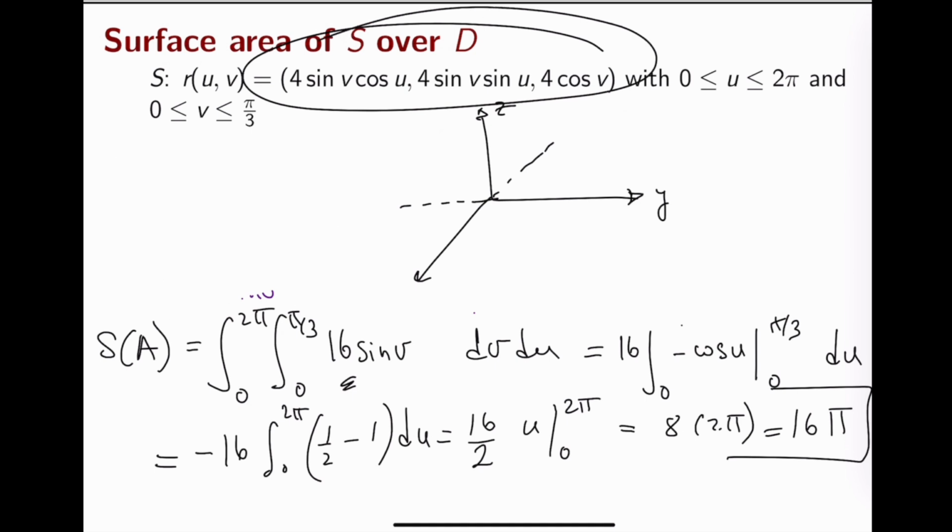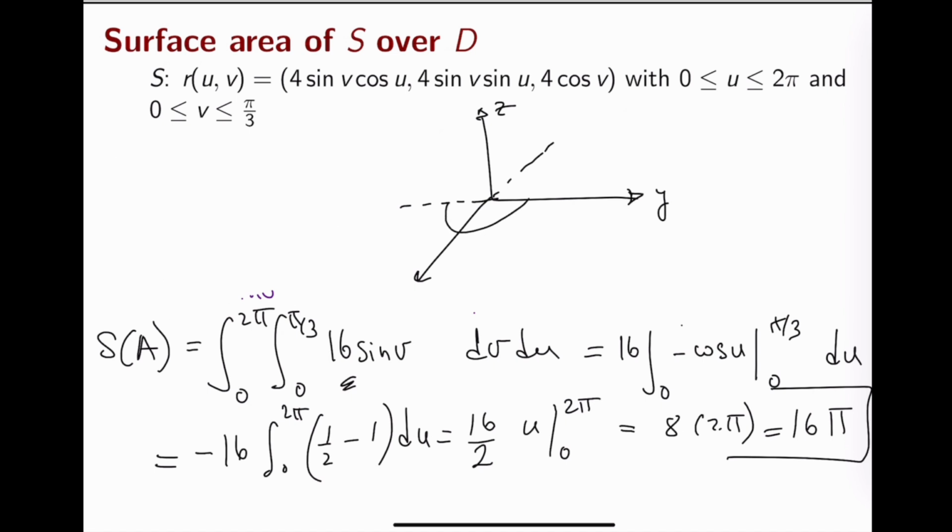Observe that the parametrization of the surface coincides with the spherical coordinates that describe exactly a sphere of radius 4. So this one is 4 here, we have a sphere of radius 4. And so what we are calculating is in this domain where u goes between 0 and 2 pi.